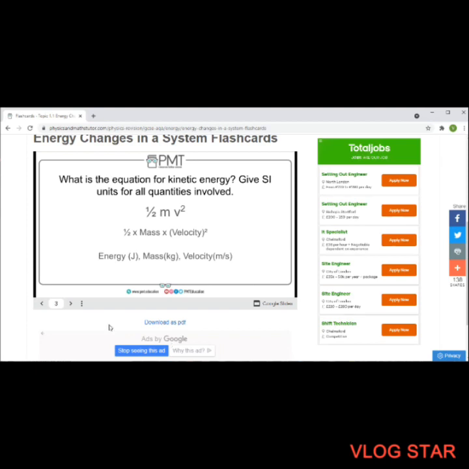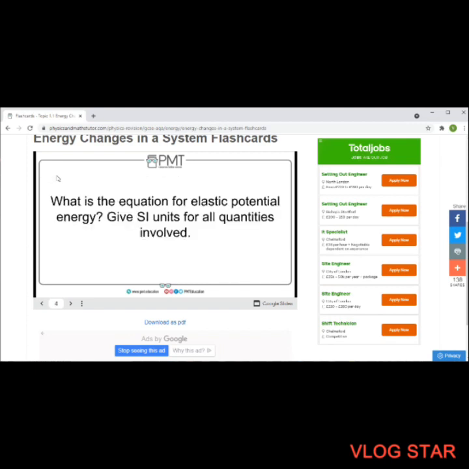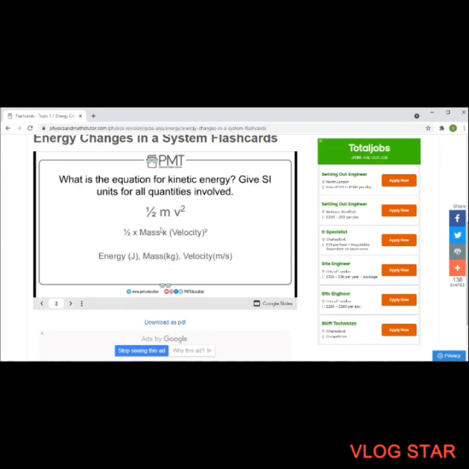If we are given a quantity and asked to calculate the energy, this is how we are going to tackle it. We're going to be using this equation.